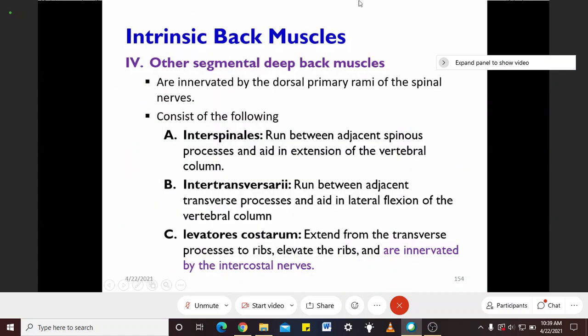The other muscles, the interspinalis muscles, run between the spinous processes, and intertransversalis, the muscles that run between two adjacent transverse processes. Whereas levator costarum extends from the transverse process to the ribs. And their action is to elevate the ribs, whereas the intertransversalis is for lateral flexion, and the interspinalis is for extension.